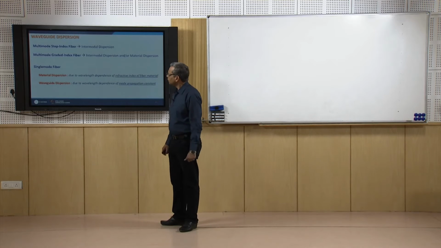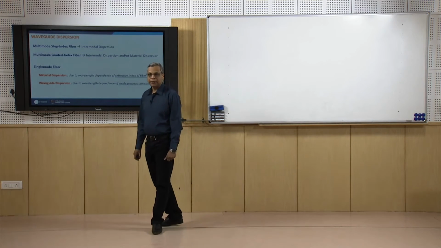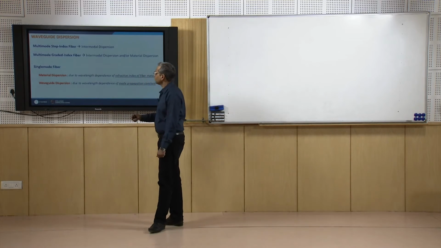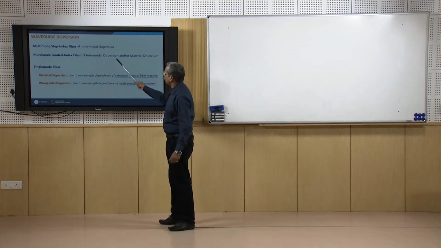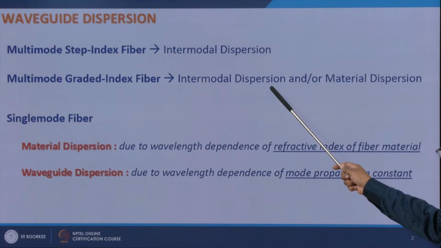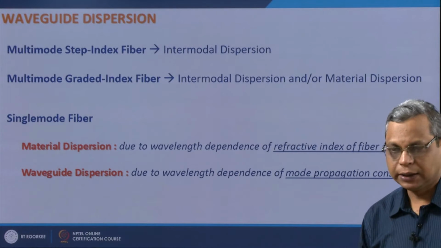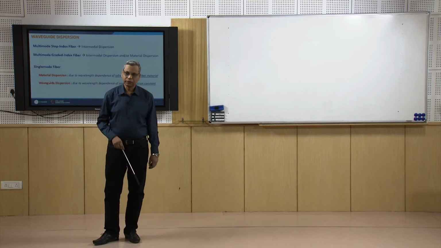We can minimize intermodal dispersion in a multimode fiber by having a graded index profile, and then in such a fiber we have intermodal dispersion which is very small, and then another kind of dispersion comes into picture, which is known as material dispersion, which is nothing but the wavelength dependence of the refractive index of the material of the fiber.